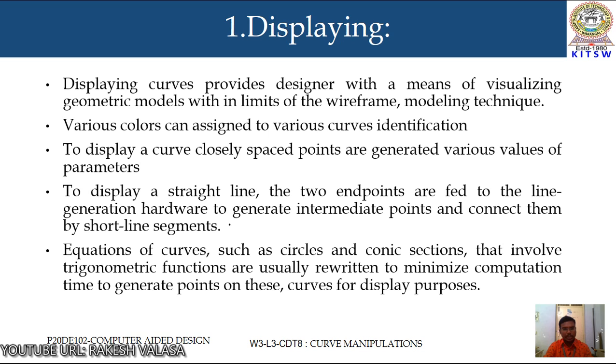The equation of a circle is x squared plus y squared equals r squared. And conic sections are parabola, hyperbola, ellipse, etc. Equations that involve trigonometric functions are usually rewritten to minimize computation time to generate points on these curves for display purposes. This is the brief discussion about displaying.